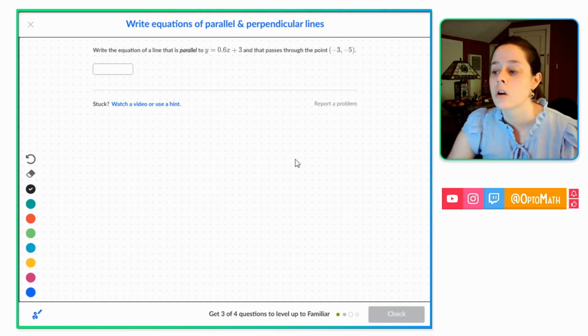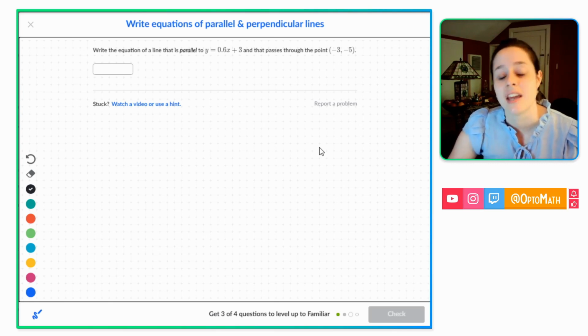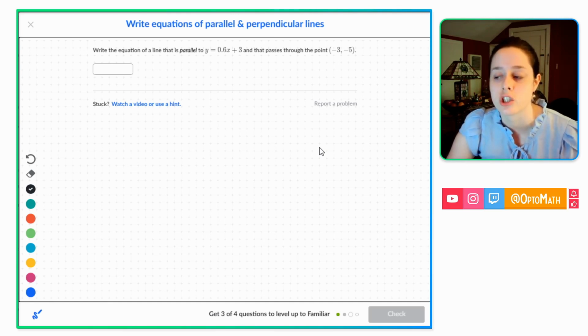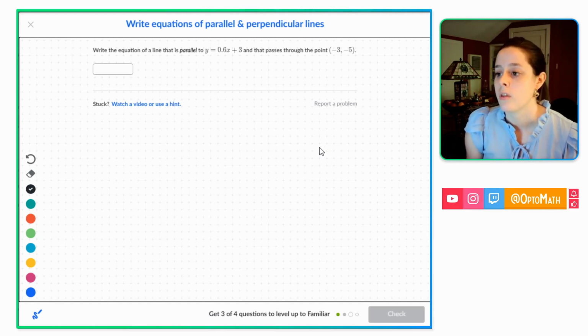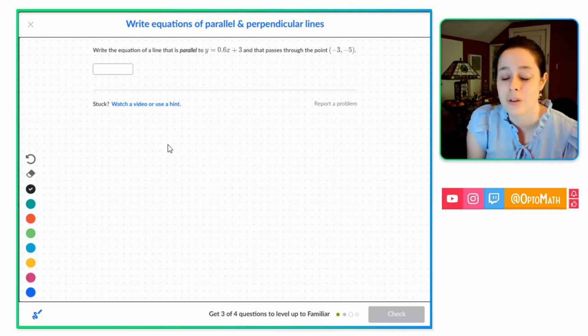Let's do one more, especially since this one has a slope that is a decimal. So you're going to have to think about, if you're going perpendicular, making that a fraction. Now, this equation needs to be written with a parallel slope, so we really don't even have to make it a fraction. Our new slope is simply going to be 0.6 or 6/10.